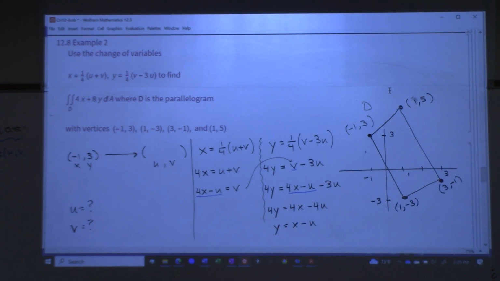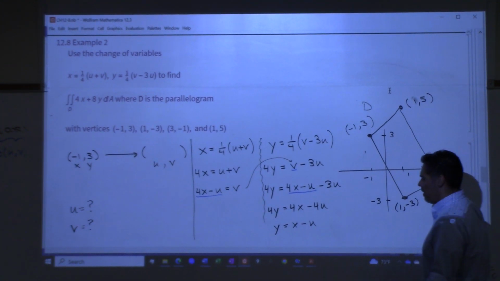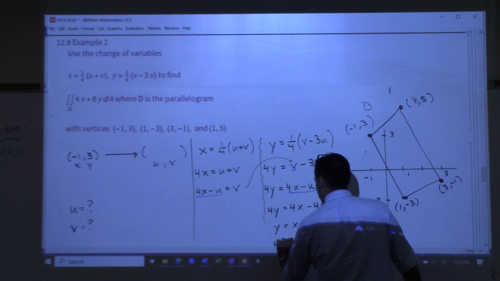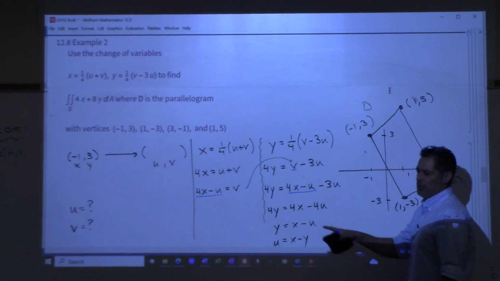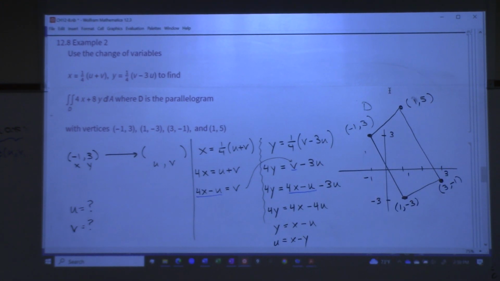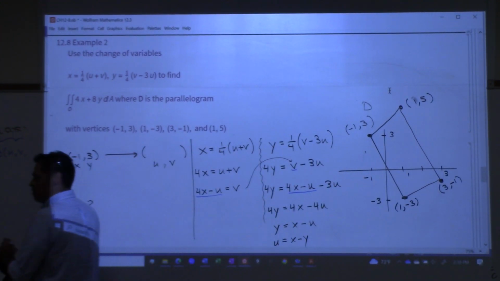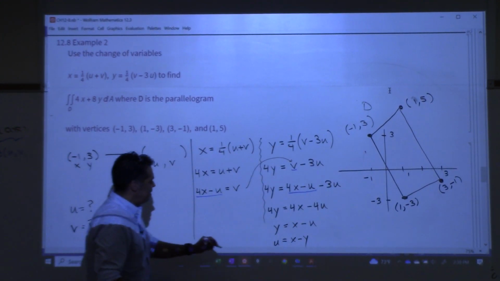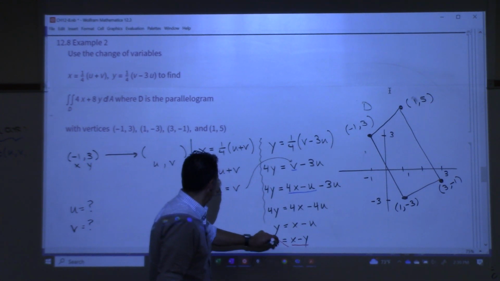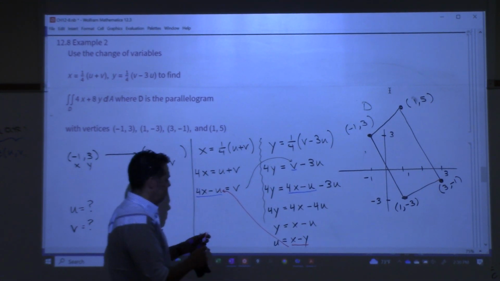What do you think I'm going to do with that? Solve for u. So if I solve for u, I get this. Move the u to the left, move the y to the right. And what am I going to do with that? Put that back into the other one, right? So take this answer, plug it back in here for that u right there.